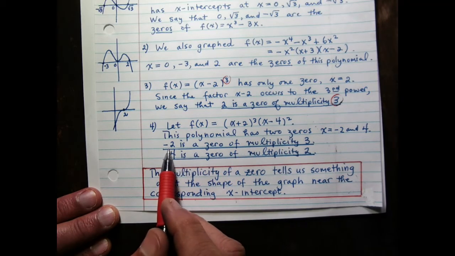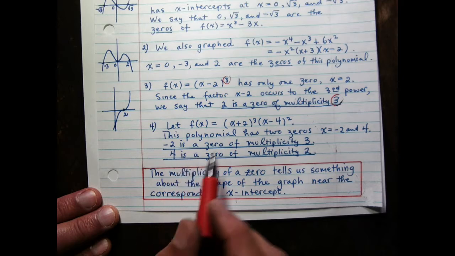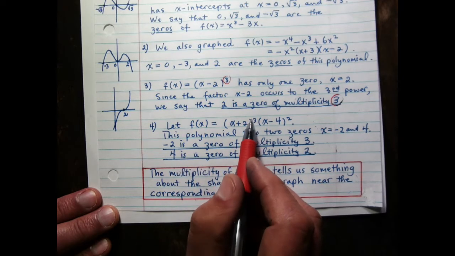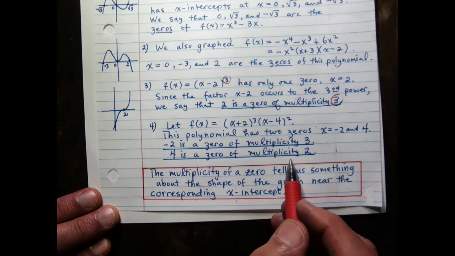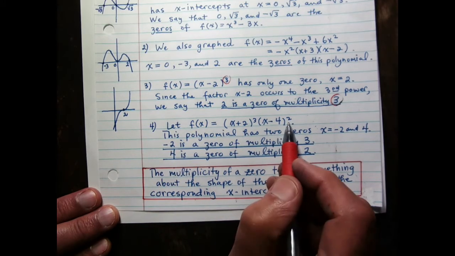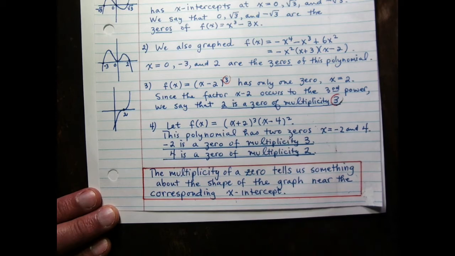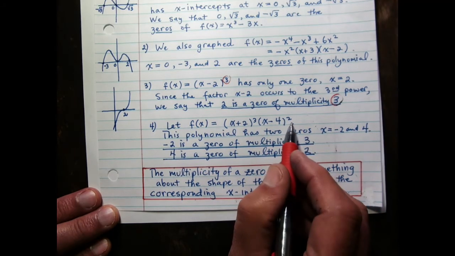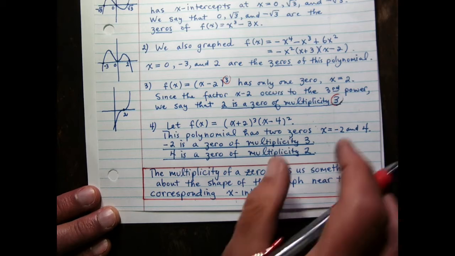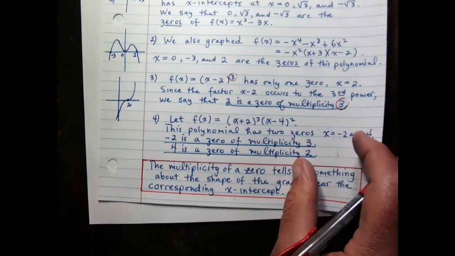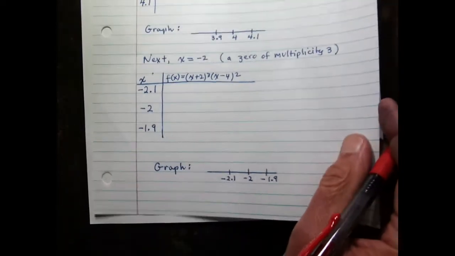And we say that negative 2 is a 0 of multiplicity 3 because of the exponent there. And 4 is a 0 of multiplicity 2 because of the exponent that occurs in this expression here. The multiplicity of a 0 tells us something about the shape of the graph near the corresponding x-intercept. So I want to investigate this a little bit before I give you a general rule.